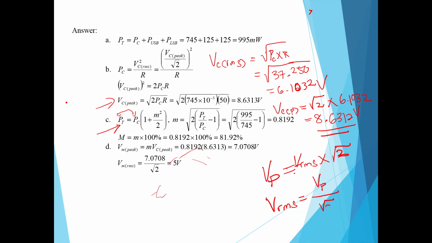In order to find the modulation index from the total power, you can write power total equal to PC times 1 plus m square over 2.